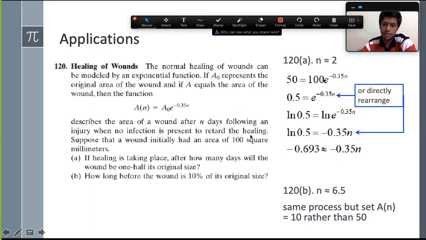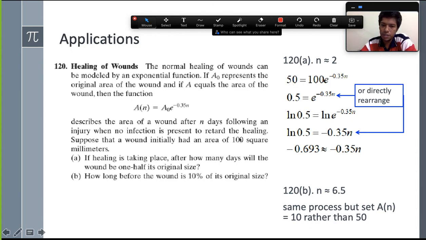Things should make sense. Just have a look at how it works. Here it is 50, because the question says: after how many days will the wound be half of the original size? The actual size is 100, and half of the original size is 50.